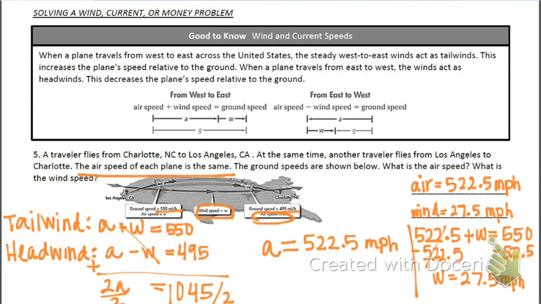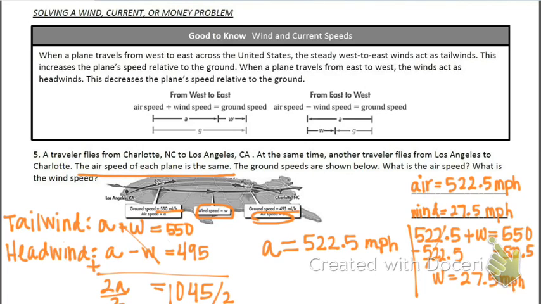Number 6, I'll have you guys do that on your own in just a second. I want to do the money problem with you really quick. Number 6 is talking about current in a river. The concept is exactly the same as air and wind speed. If you are going upstream, that means you are swimming the same direction that the stream is going. So that acts as the tailwind, right?